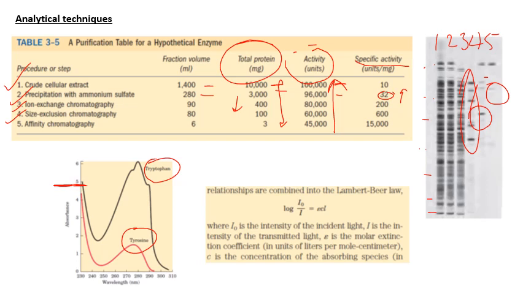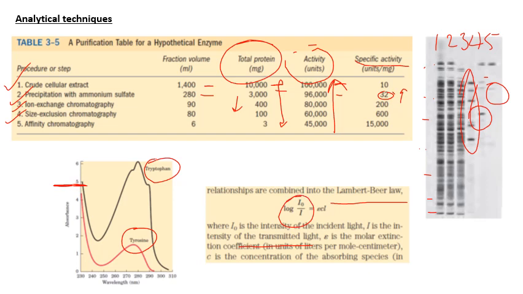calculate the total amount of the protein that is present in your solution using this relationship, which is called the Beer-Lambert Law, named after the people who made this law, where you have the intensity of the incident light and the intensity of the transmitted light.